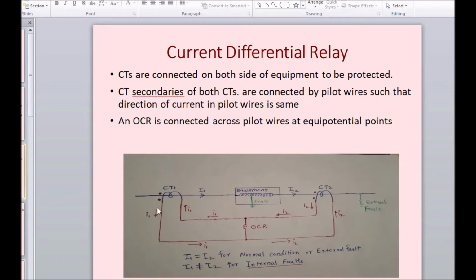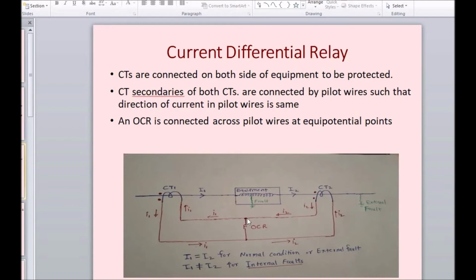Therefore, the secondary current of CT1 and the secondary current of CT2, that is small i1 and small i2, are both equal. Hence if you observe the current flowing through the overcurrent relay, it is just the difference of small i1 and small i2. Small i1 is flowing in this direction and small i2 is flowing in this direction.